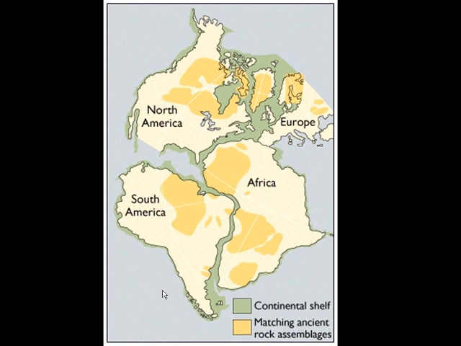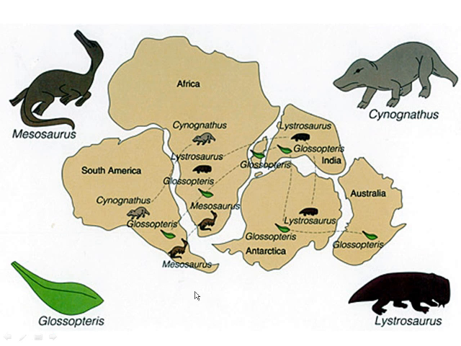Okay, so again, if you look at it, it fits together really well. You see the rocks. This is that rock. Remember I was saying that there were similar rock structures, all match up really well, especially up here once it all gets squished together. You see the animal patterns. How did this Mesosaurus get from one continent to the other?